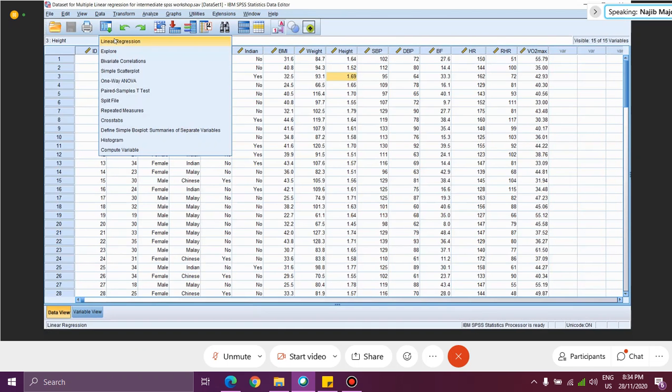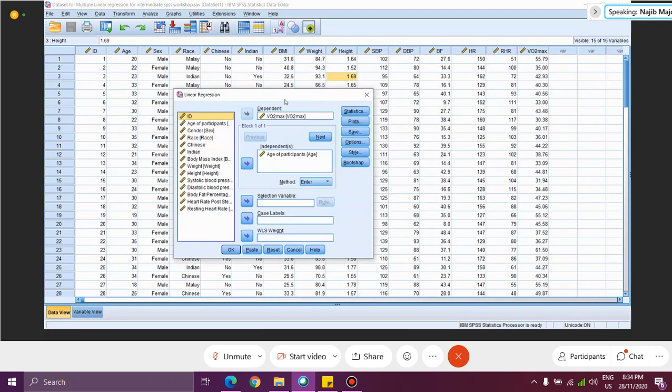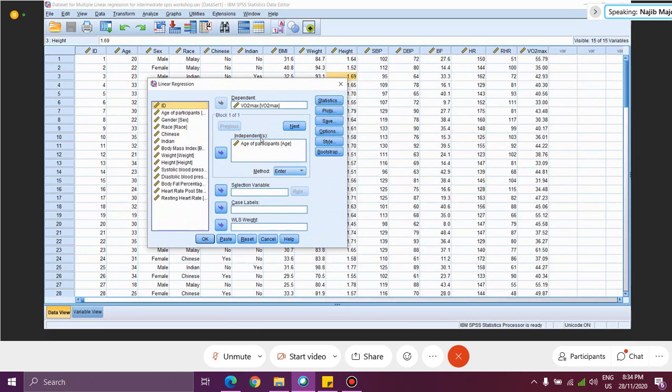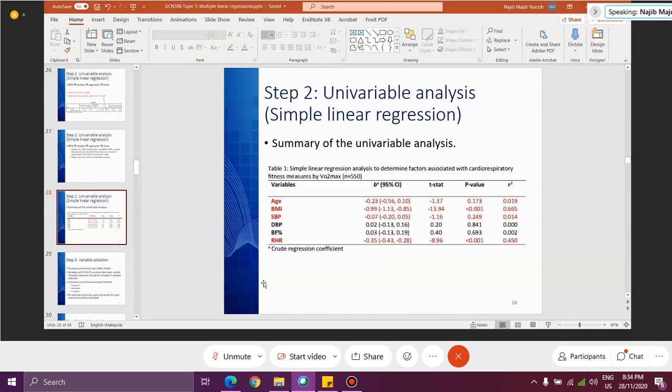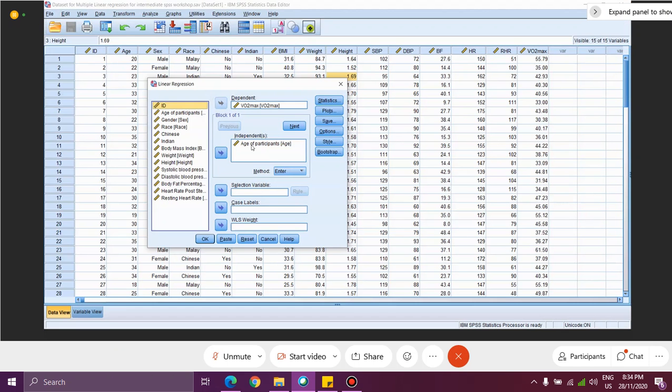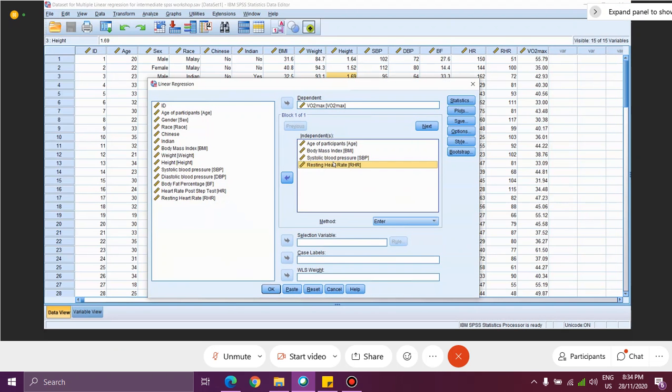Okay, again, recall the dialog for linear regression. In my analysis, I'm going to include age, BMI (body mass index), SBP, and also resting heart rate. So I include all these 4 variables in my model.